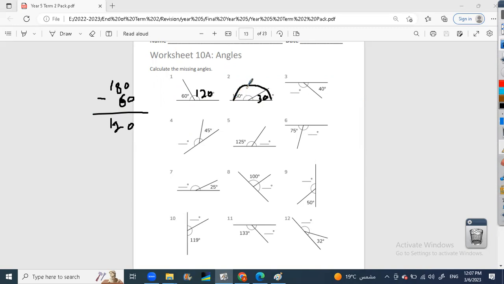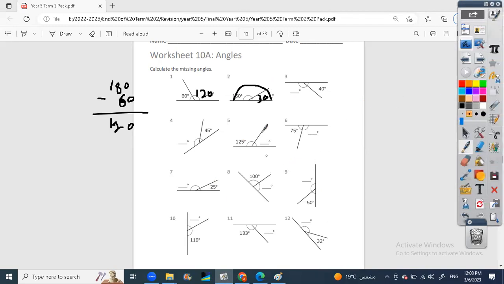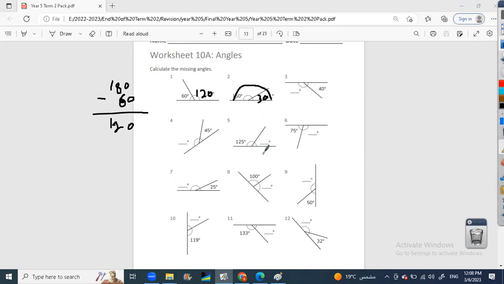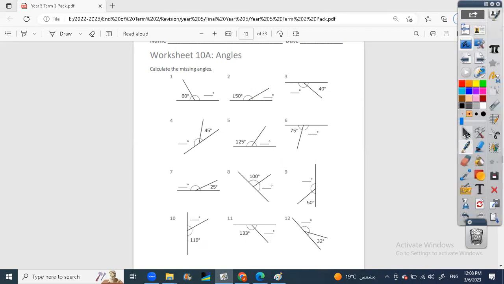Part is 150, then the other part must be 30 to complete the 180 degrees, and so on with the rest of the questions. If you don't know how to do the subtraction mentally, then normally do 180 minus, for example here, 119 to find the rest of the straight angle. Okay, next page.